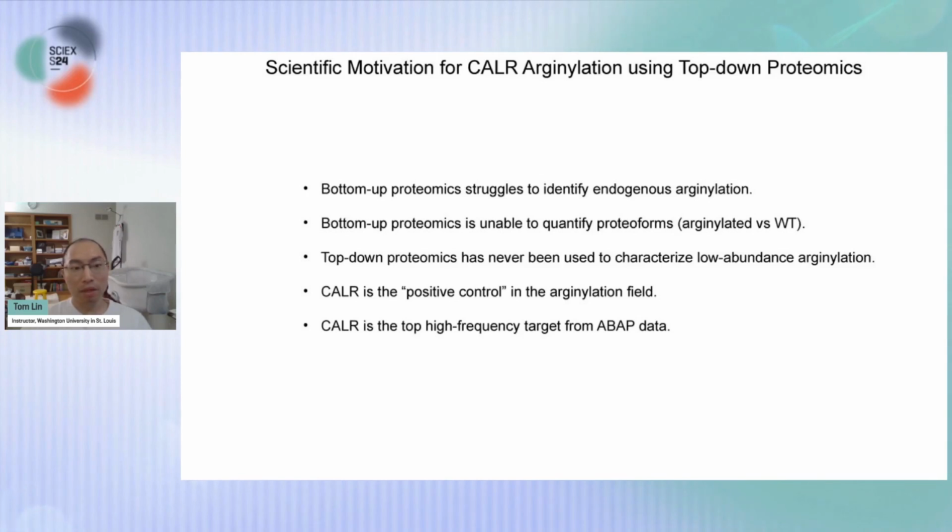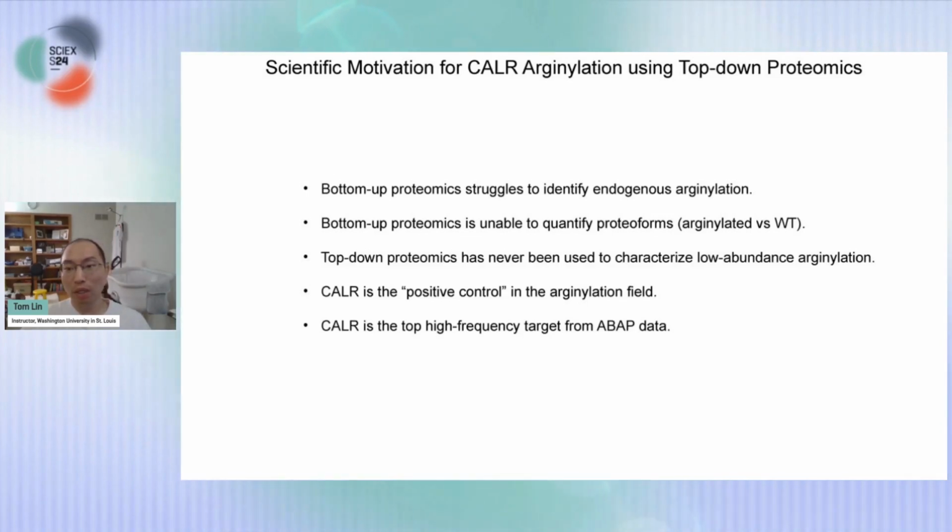Secondly, bottom-up proteomics is usually unable to quantify the proteoforms since it only looks at peptide-level identification and quantification. And top-down proteomics has never been used to characterize low abundance arginylation. As mentioned, calreticulin is the positive control in the arginylation field, and it's a highly frequent target in our bottom-up data.